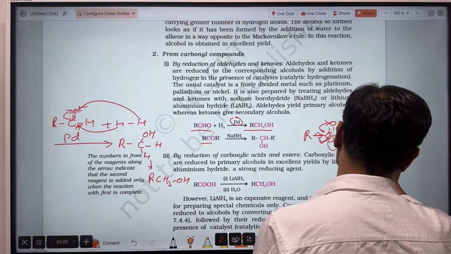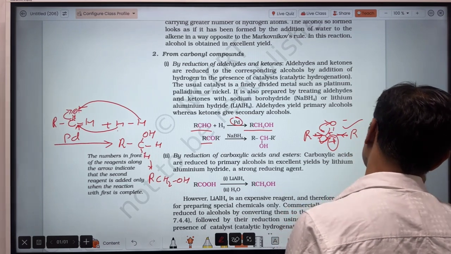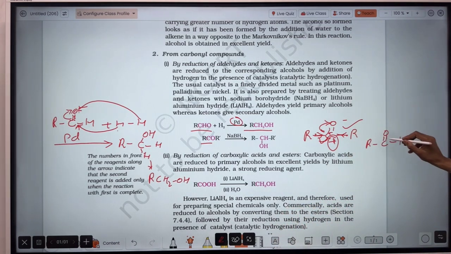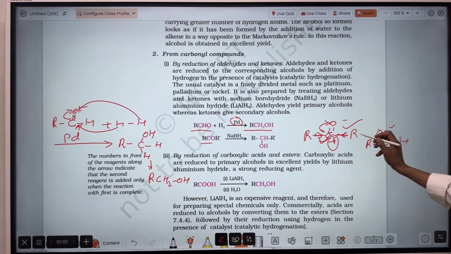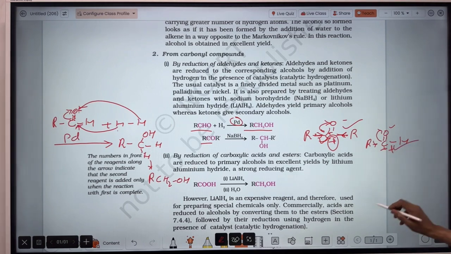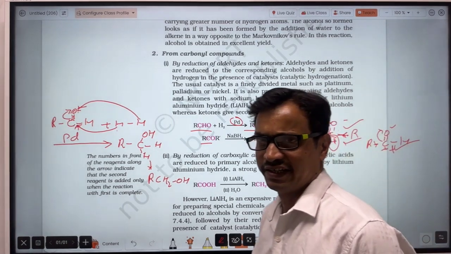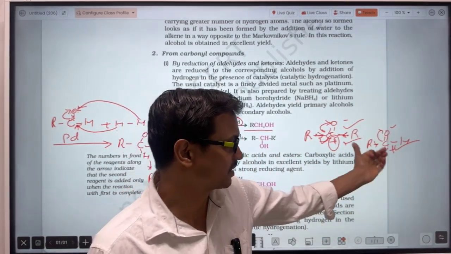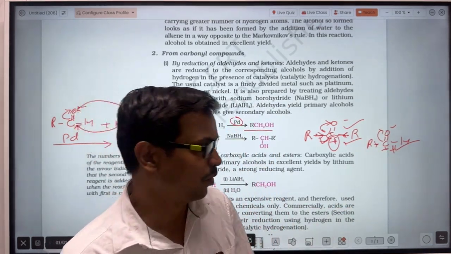In case of aldehyde, there is only one alkyl group attached to this acyl carbon. The oxygen attracts the pi electron, negative charge here, positive charge here, and only one alkyl group provides electron to this carbon atom. In ketone the electron is provided from two sides, while in aldehyde from only one side. So aldehyde is more polar than ketone, and therefore more reactive.